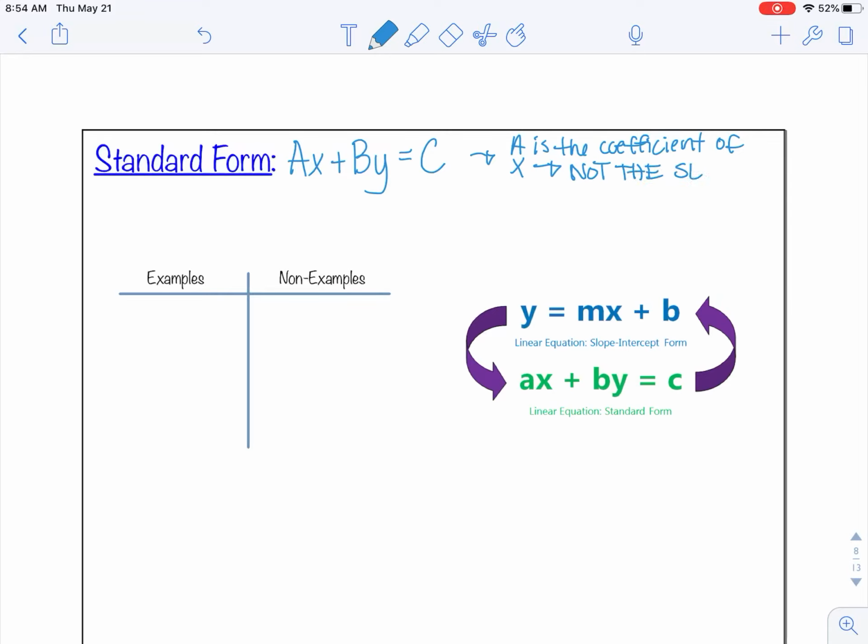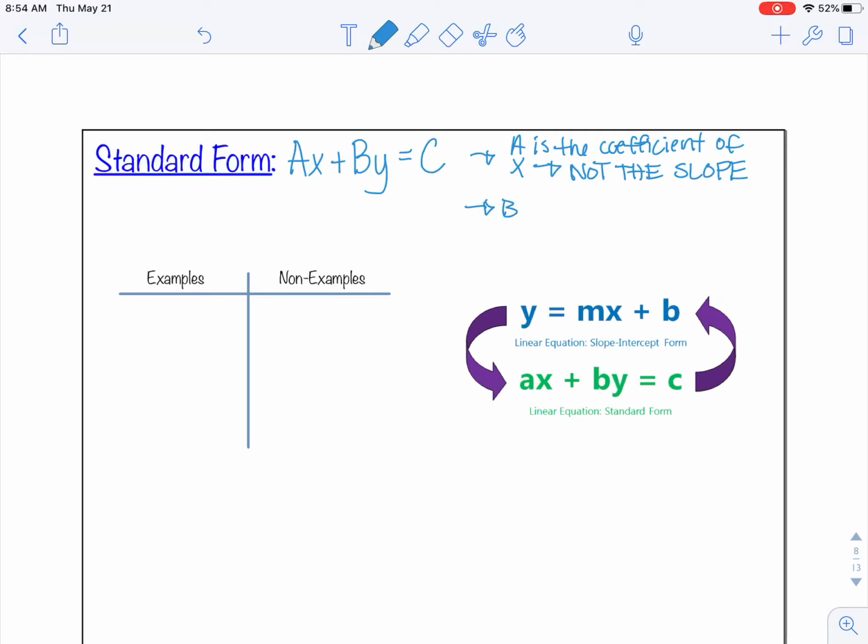M is the slope. Okay? So in this one, again, you don't get any information from looking. The coefficient of X here in standard form is not your slope.